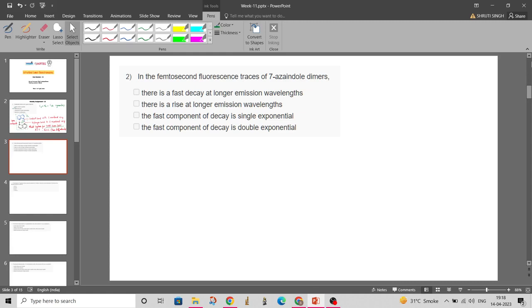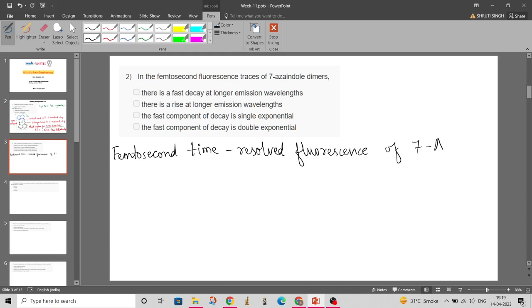So let's see the time resolved femtosecond fluorescence of 7AI dimer.